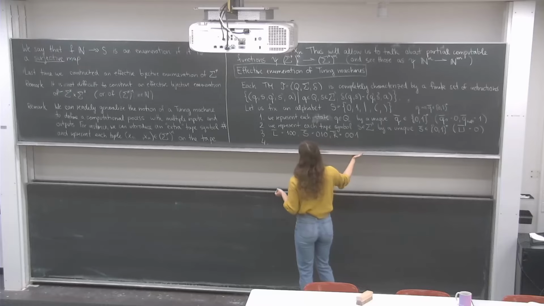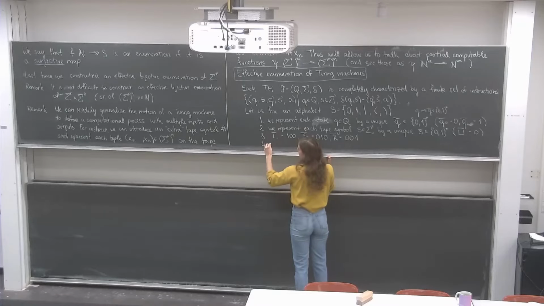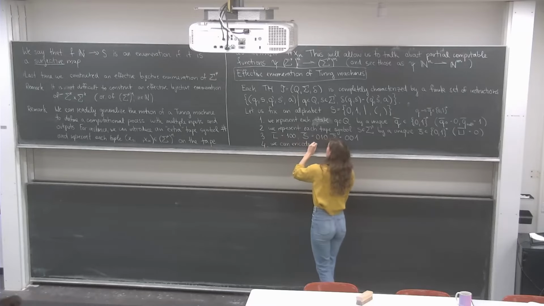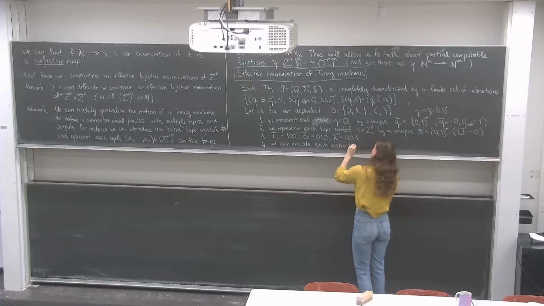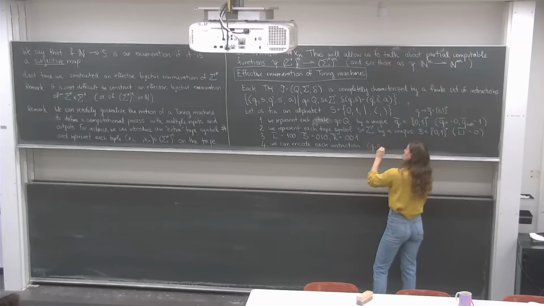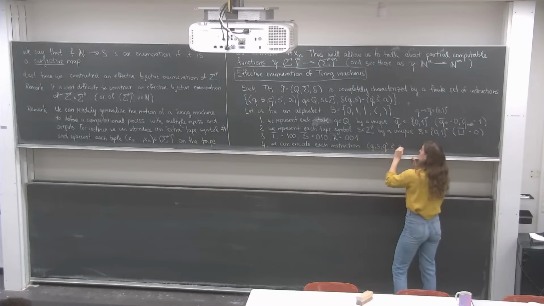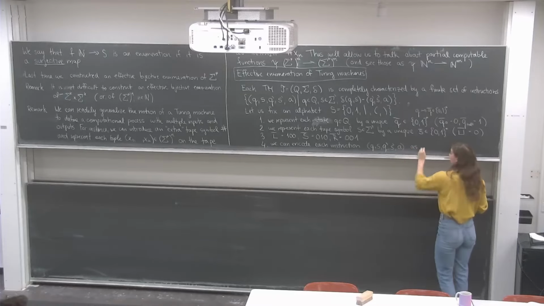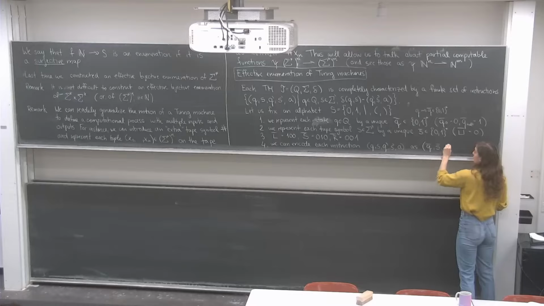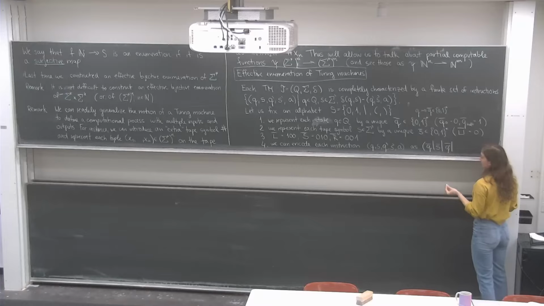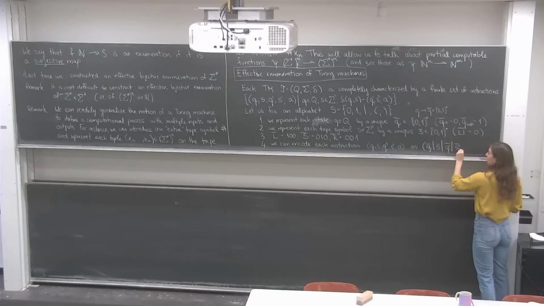Now this means we can encode each instruction q, s to q prime, s prime, a as follows: we encode the state, we encode the symbol, we encode the new state, we encode the new symbol, and we encode the movement.